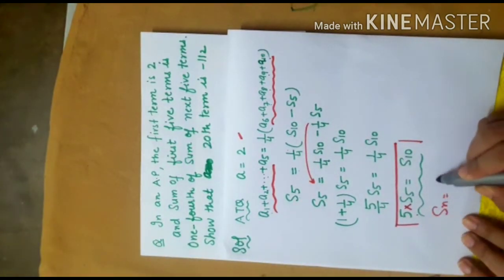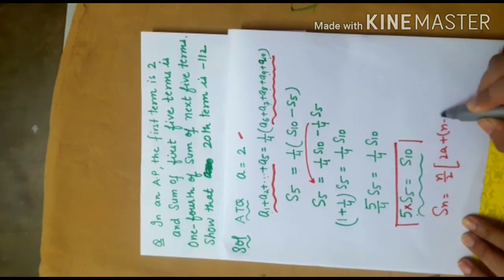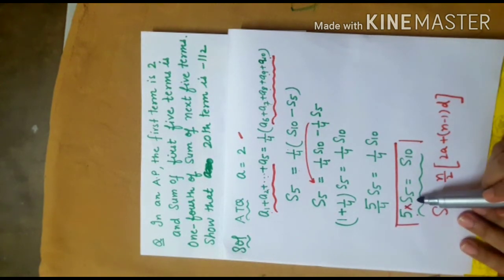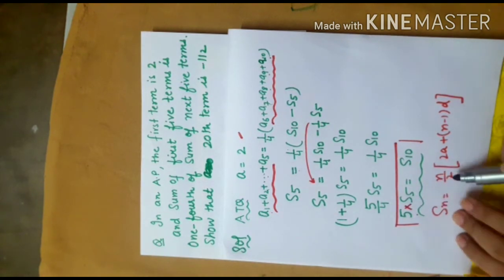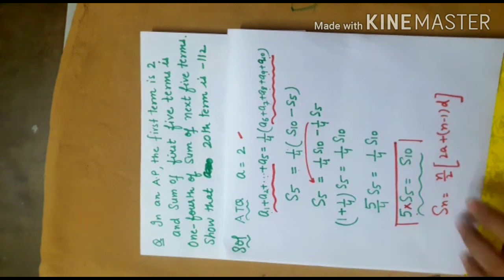Now Sn is equal to n/2 (2a plus (n minus 1)d). Now to write S5, replace n with 5, and to write S10, replace n with 10.